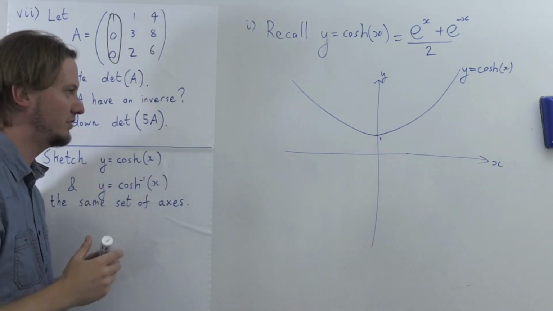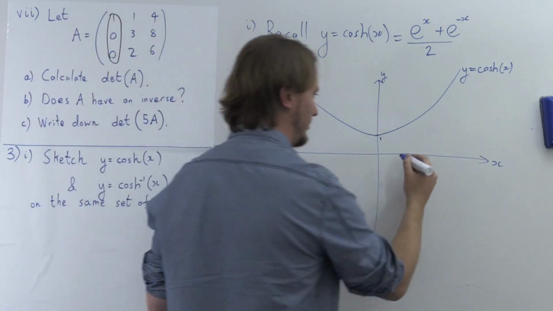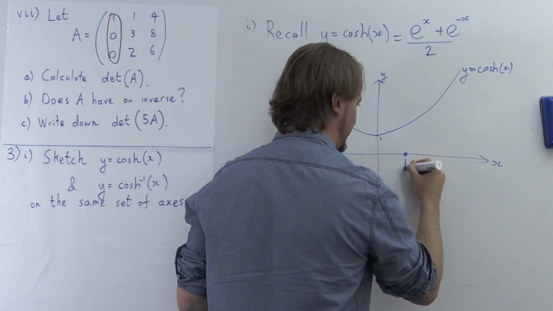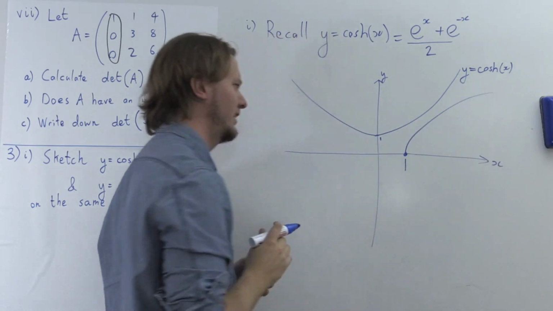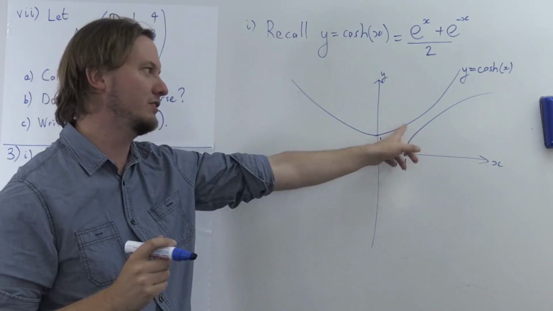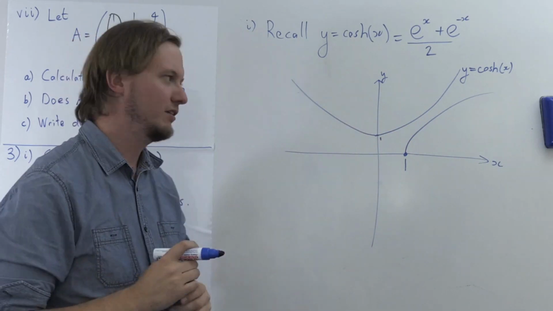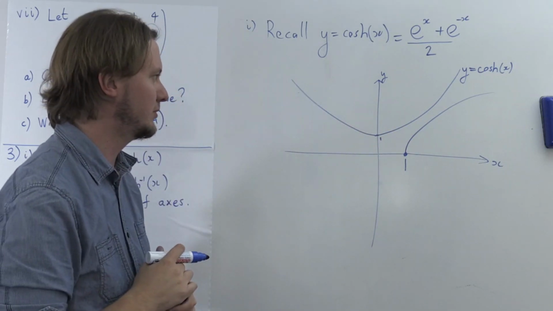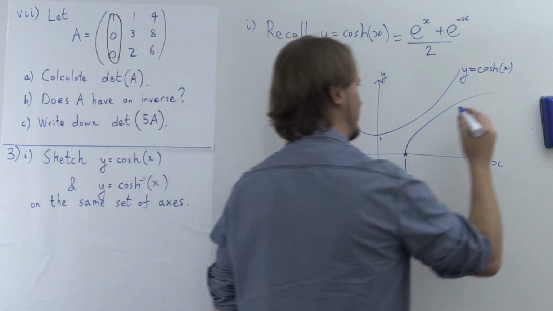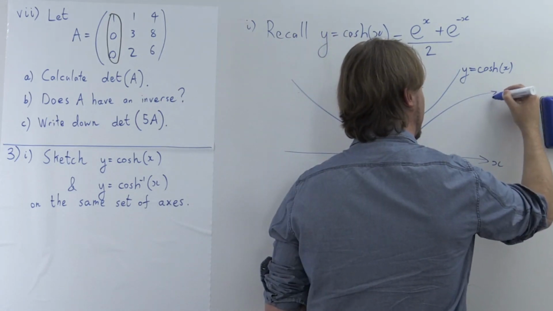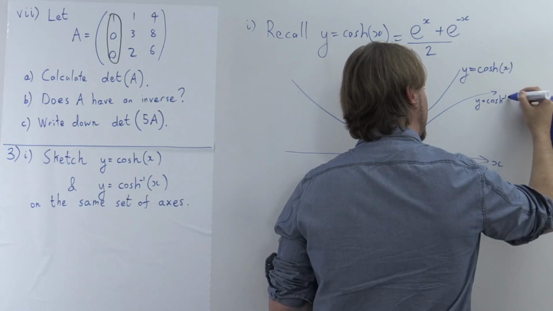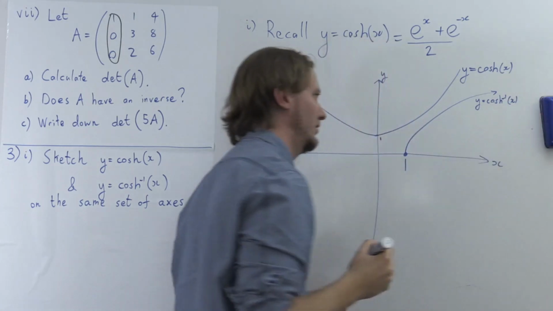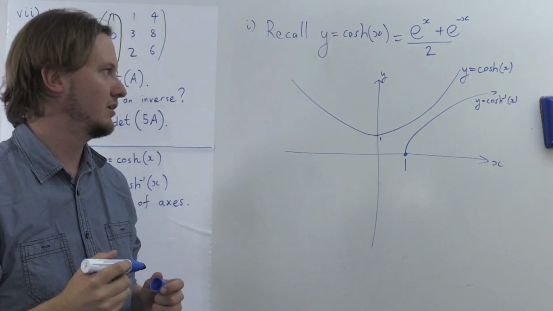So it's the same plot, but I have to cut it off here at 1. And then you have that same plot. From experience, I know that these two don't touch, just because I've played around with these before. So that's the plot I would give. This is a plot of y equals the inverse of the hyperbolic cosine.